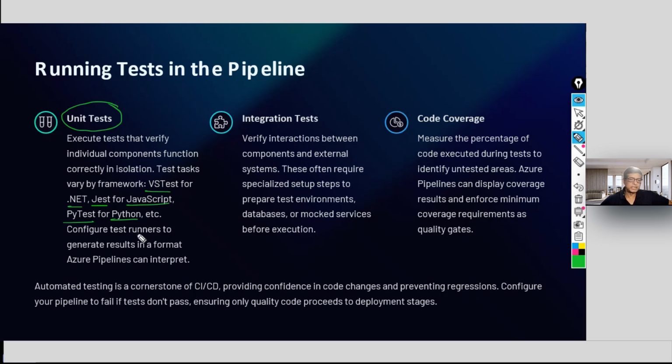These are to configure the test runners to generate results in a format Azure Pipelines can interpret, that it can parse. The unit test has passed. So automated testing is the cornerstone of any CI/CD pipeline. But how good your automated testing is depends on how good your pipeline is, and which vendor it is coming from.